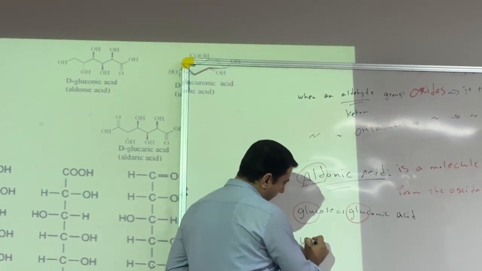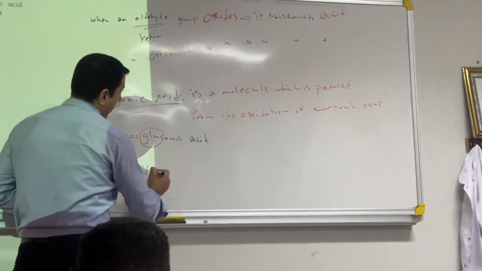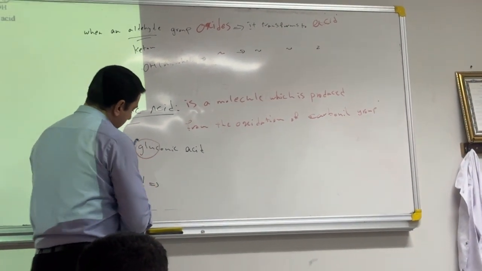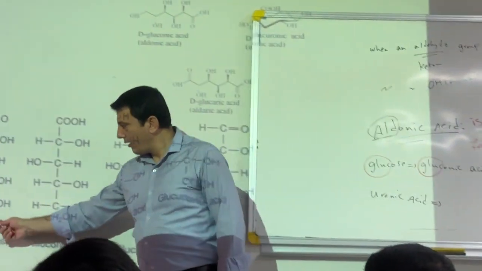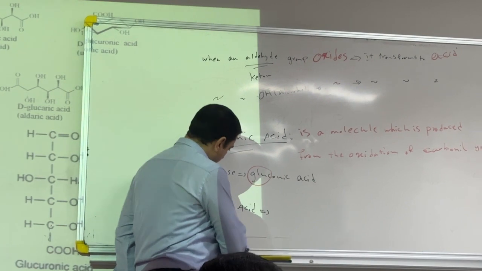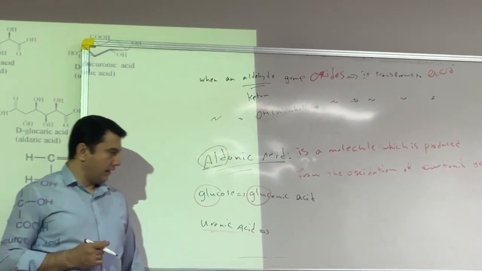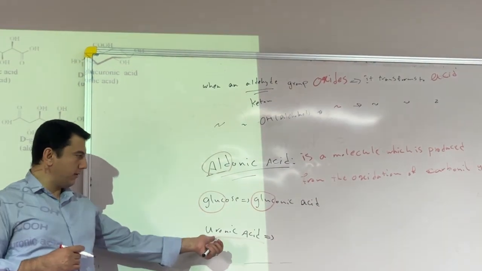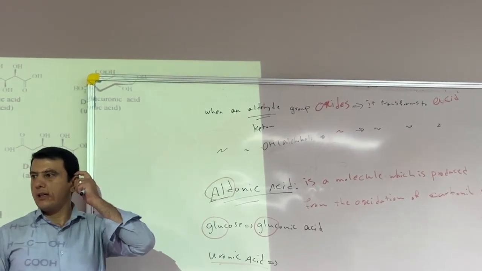If we have an oxidation process in the alcohol group, we name such molecules uronic acid.